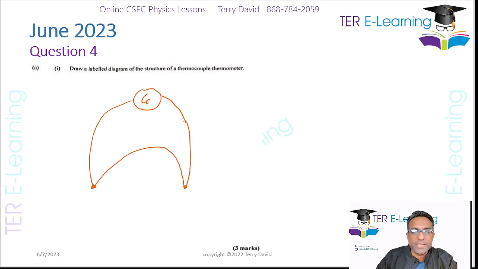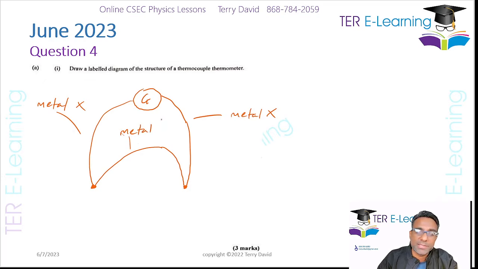Now the thing is for 3 marks here, you need two different metals. So if you couldn't remember the metal, you could have called this metal X, and this here is also metal X, and then we have a different metal here. This one here is metal Y. So if you couldn't remember any of the metals, that's fine, but it's basically two different metals and they're connected.